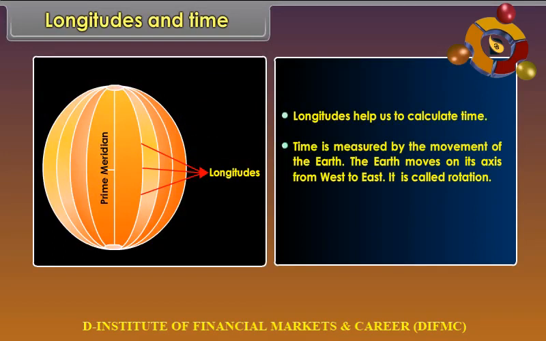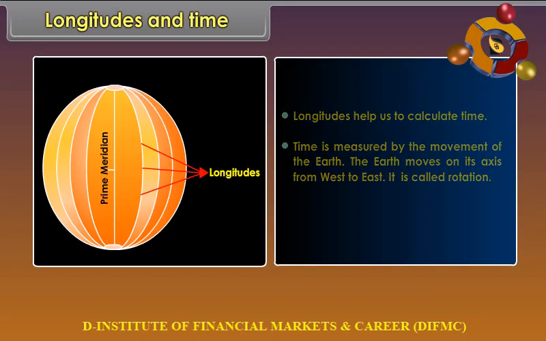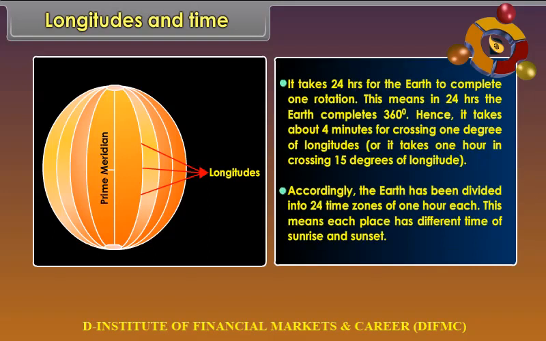The Earth moves on its axis from west to east. It is called rotation. It takes 24 hours for the Earth to complete one rotation. This means in 24 hours the Earth completes 360 degrees.